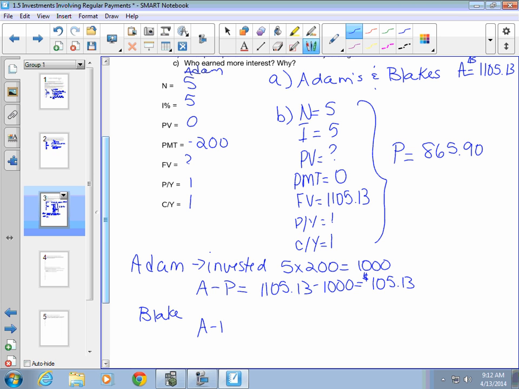Whereas Blake, his future value minus what he invested was $1,005.13, and he only invested $865.90 over the course of the 5 years. So he had $232.93. So Blake then earned more interest.